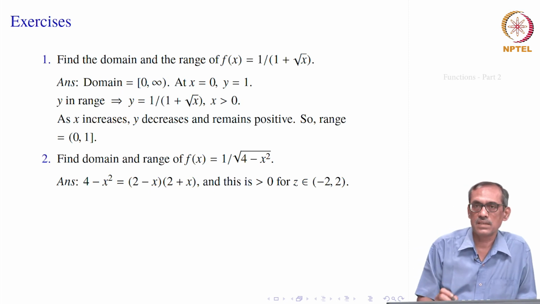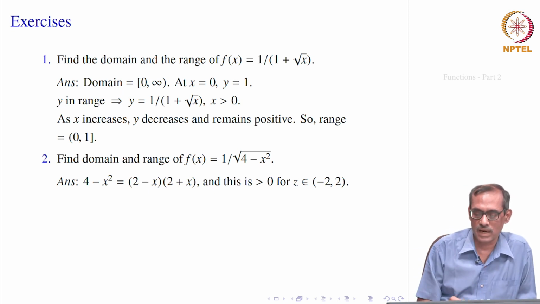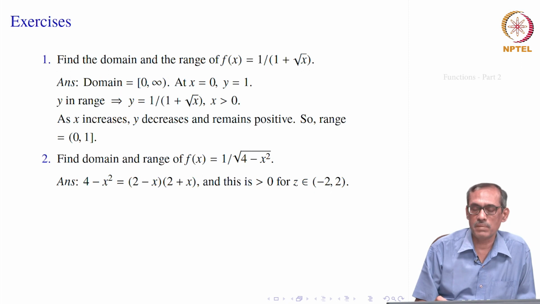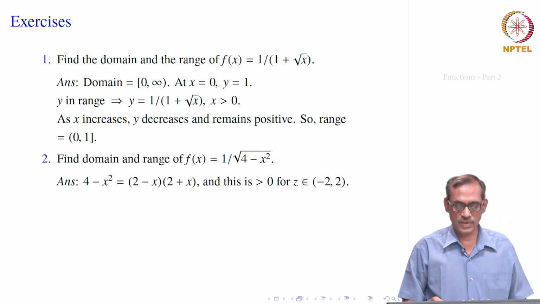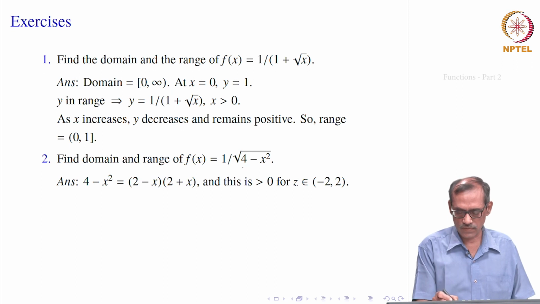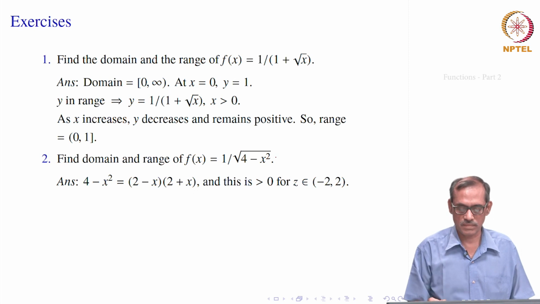Similarly, in the second problem we are asked to find the domain and range of f(x) = 1 divided by the square root of (4 − x²). Here again 4 − x² has to be greater than or equal to 0, but also it is 1 divided by, so it cannot be equal to 0. So, this must be greater than 0.